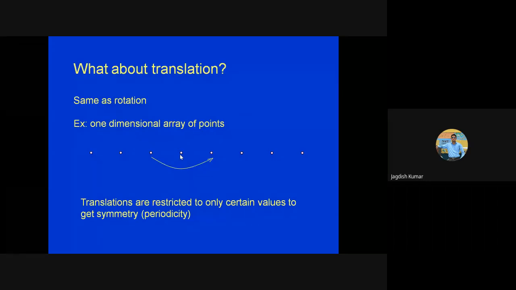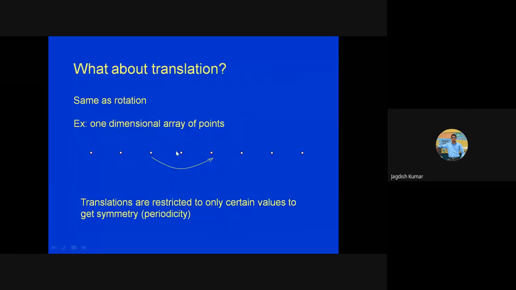Then I am asked to check whether I have gone through a translation or not. If the translation is from one point to another point, please note my words carefully, then we won't be in a position to tell whether we have undergone a translation or not, because all these points have exactly the same environment. You sit on any of these points and you will see the same environment.